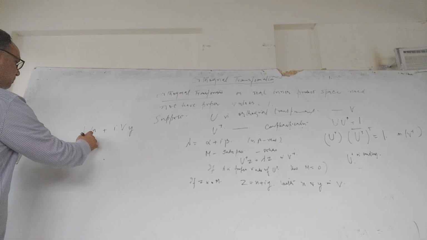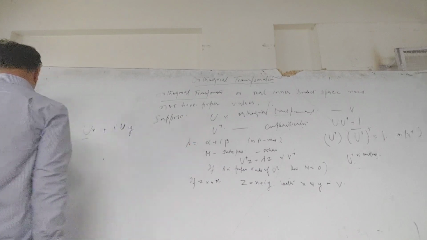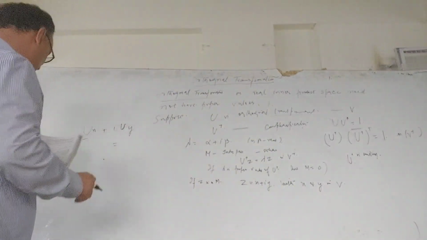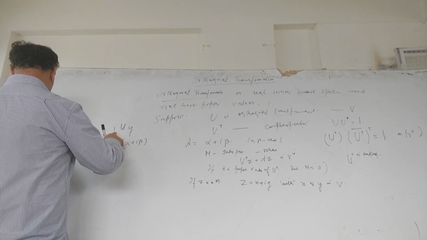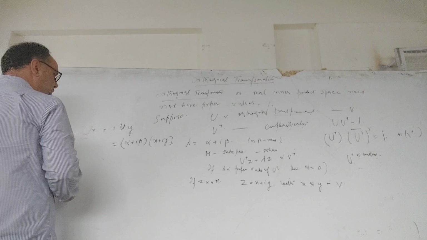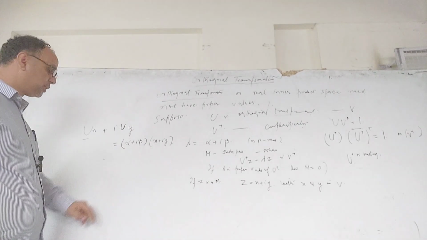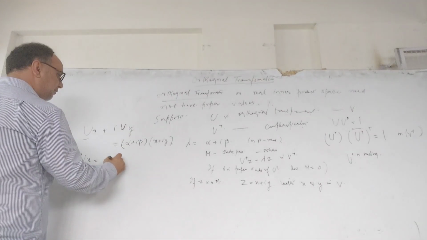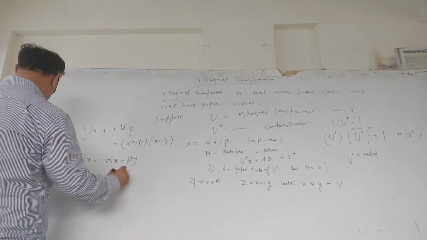If you complexify this transformation, you can write it in terms of x plus iota y and x minus iota y, with an identification of reals with reals and complexes with complexes. Simplifying, Ux can be written as alpha x minus beta y, and Uy can be written as beta x plus alpha y.